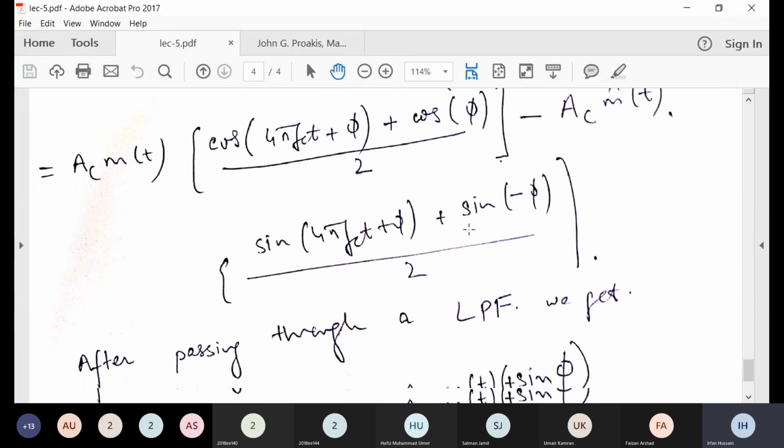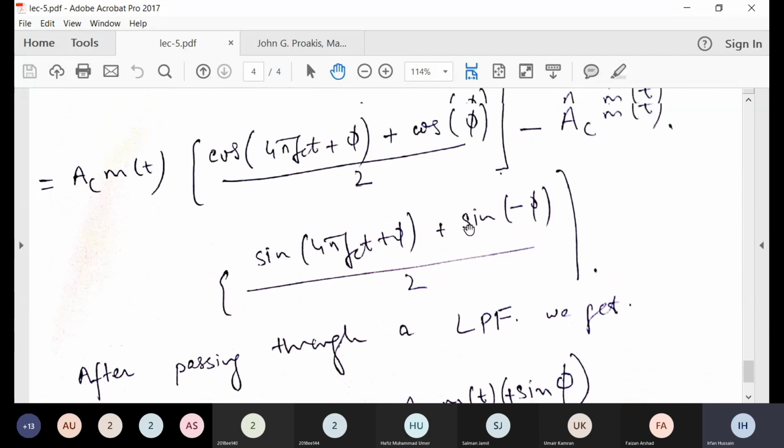Now we have this signal. This signal will be passed through a low pass filter. At the receiver, you will always have a low pass filter.